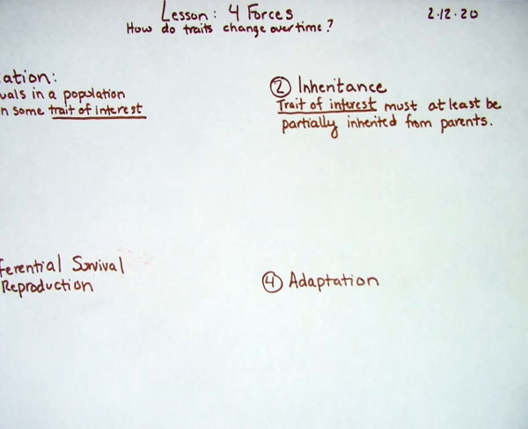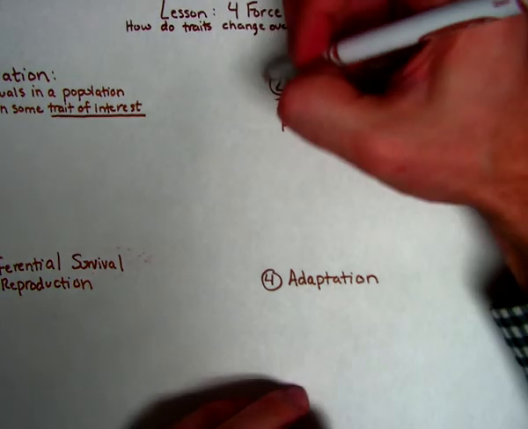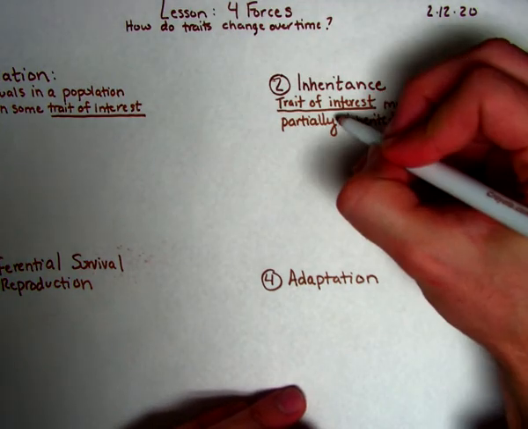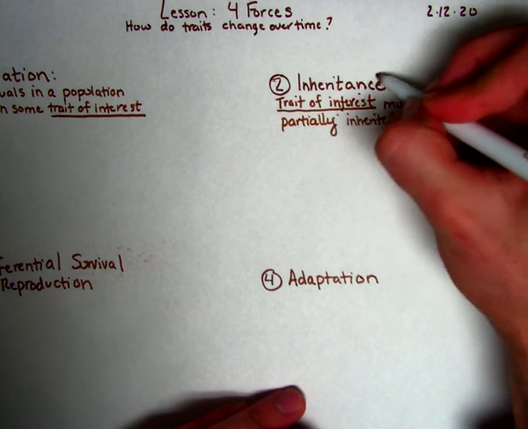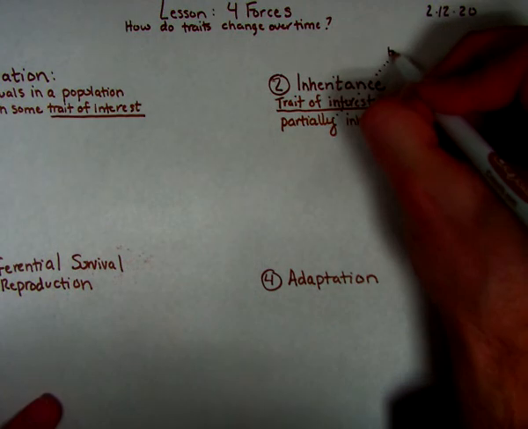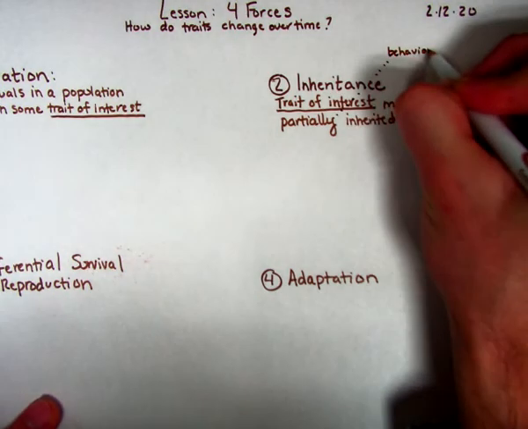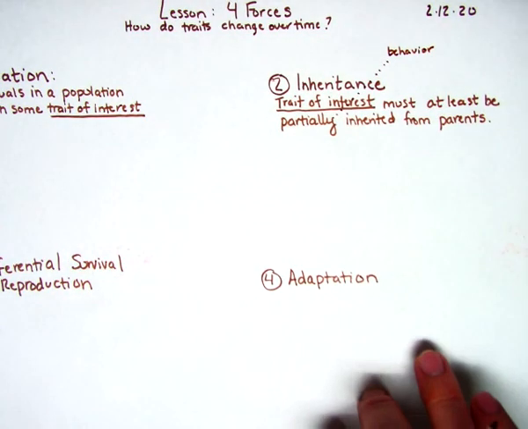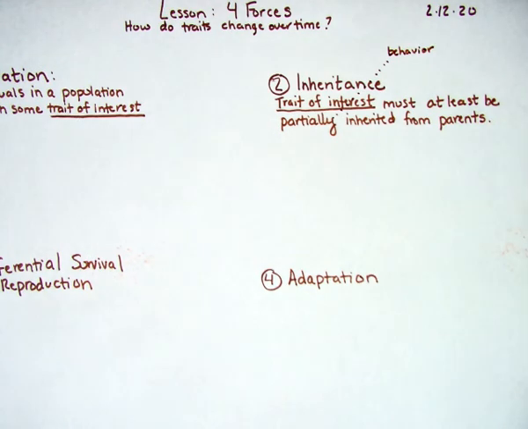Well, one area that this model, you can kind of draw a little dotted line to connect here. That idea of partially inherited includes things like behavior, right? So something like beak depth, it's inherited from the parents.